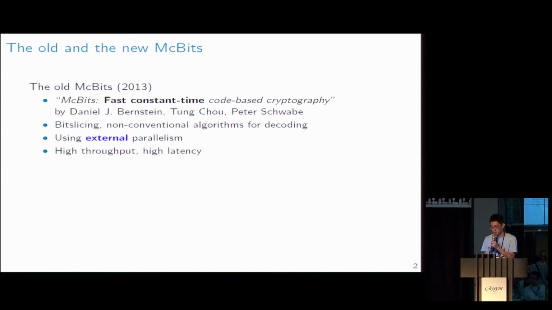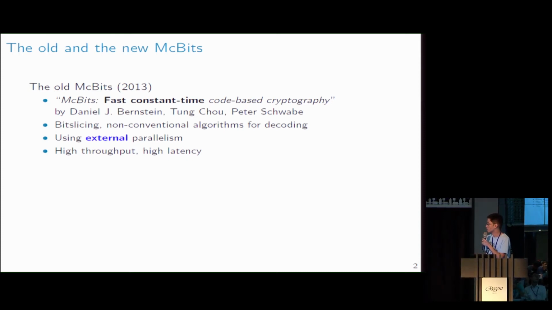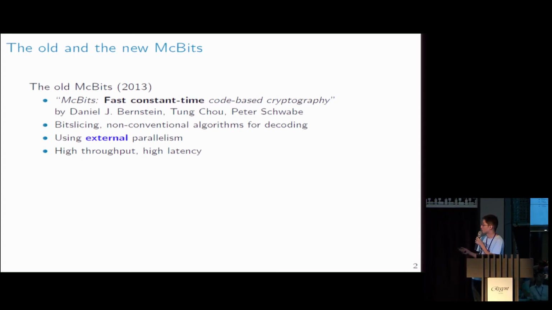Now we can talk about what McBits is. McBits essentially implements the scheme in the previous slide. To be more specific, it actually implements Niederreiter plus binary Goppa code. The goal is to achieve fast and constant time code-based encryption.